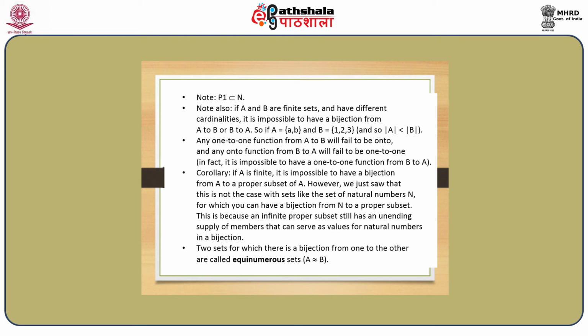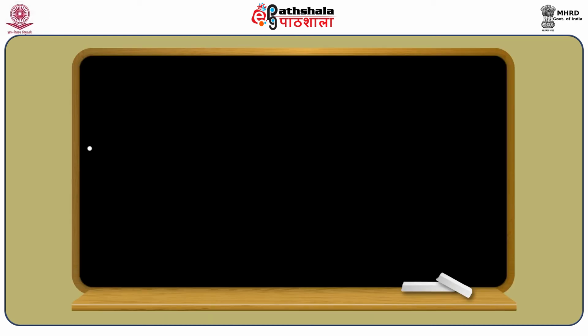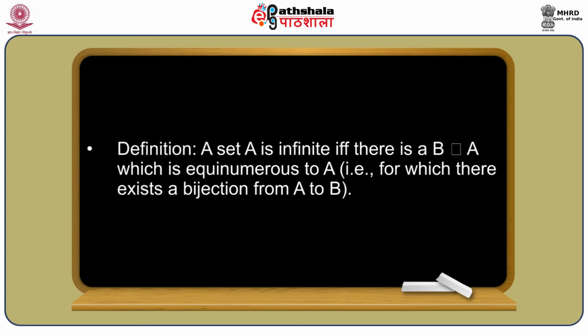We write this as A ~ B. This fact is used in set theory to define what it means for a set to be infinite. Basically, we have the following definition. A set A is infinite if and only if there is a set B, which is a strict subset of A, which is equinumerous to A. That is, for which there exists a bijection from A to B.